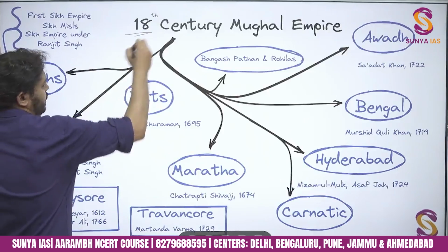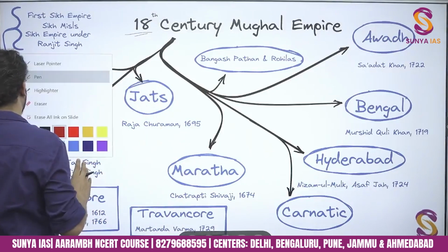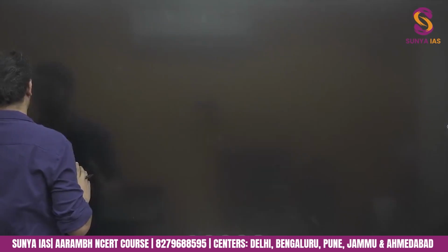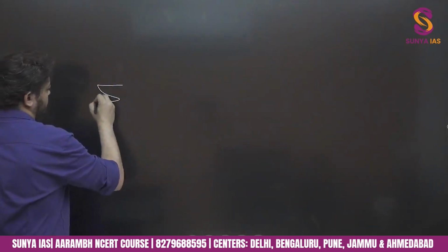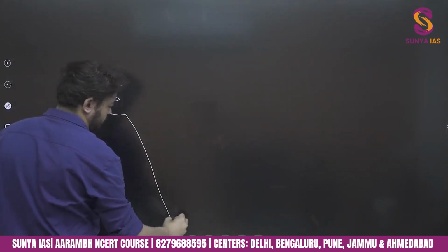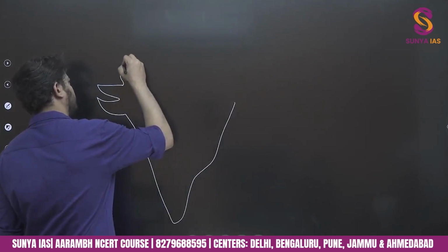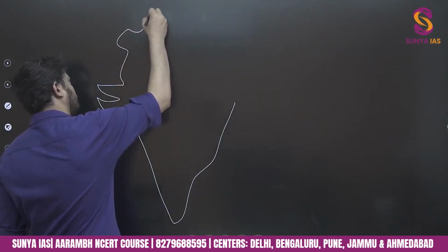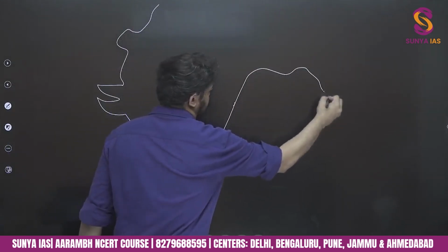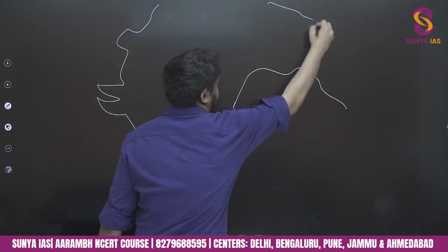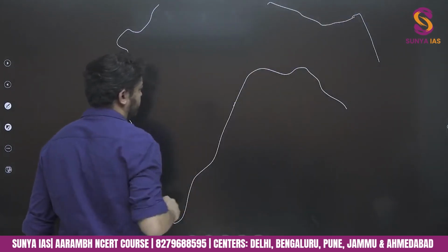Now, 18th century India, and this is a bit clumsy map. Let me make a map for you guys here. That will be better. So, suppose, okay, Kashmir goes to like Myanmar.